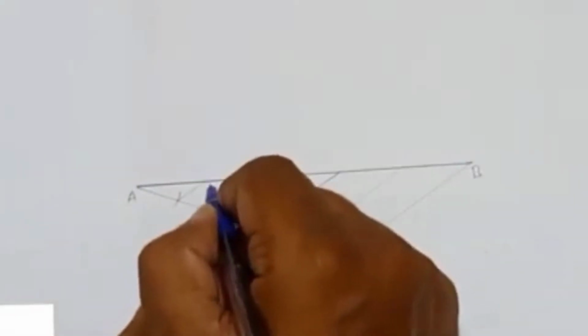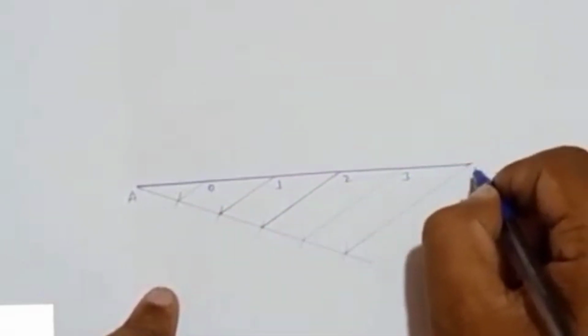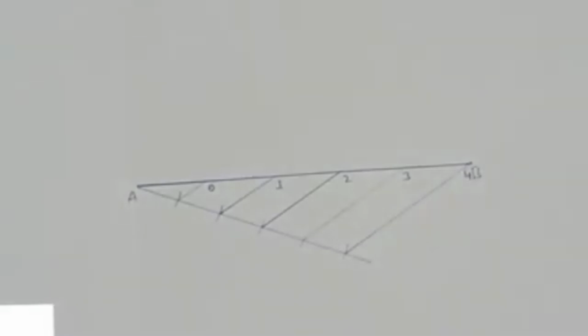Now it is equally divided into 5 equal parts, and you can name them 0, 1, 2, 3 and 4.